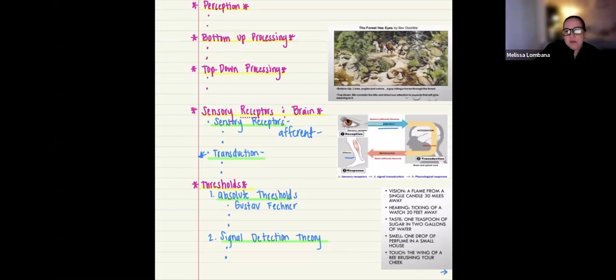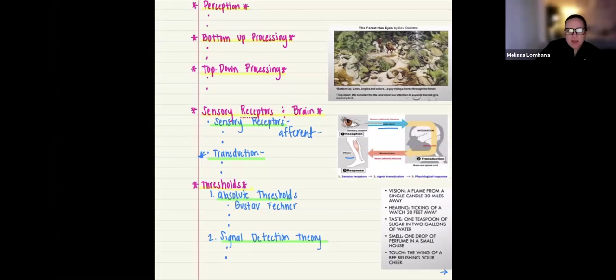The first one is going to be an absolute threshold. Okay, and you need to know this guy, Gustav Fechner, and he basically said this is the minimum amount of stimulus energy that a person can detect 50% of the time. So absolute threshold is basically that minimum amount of stimulus energy that is needed in order for us as humans to pick it up, but 50% of the time.